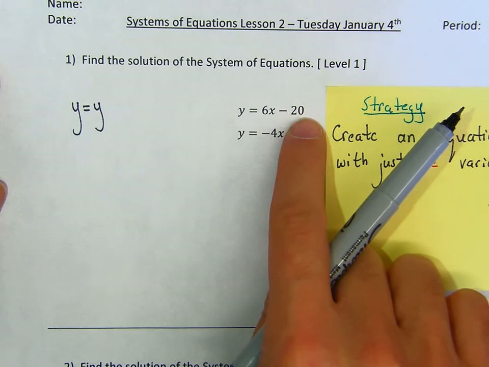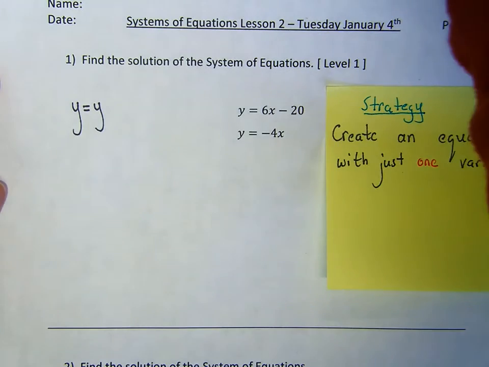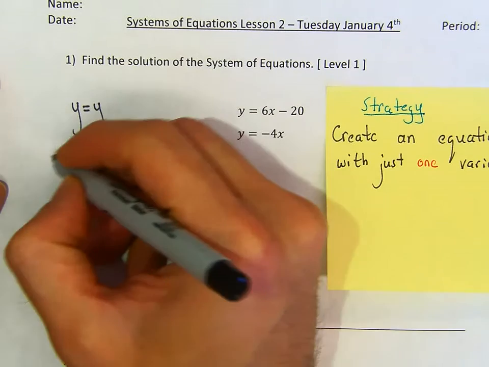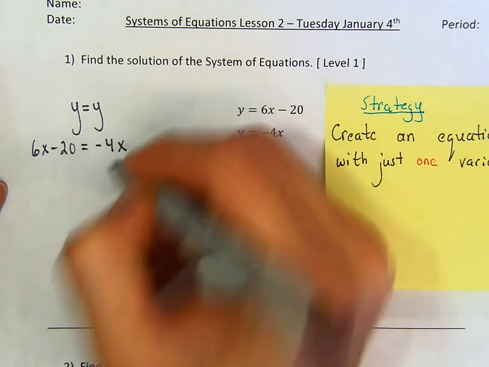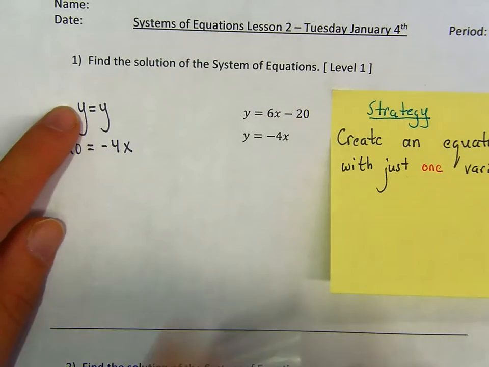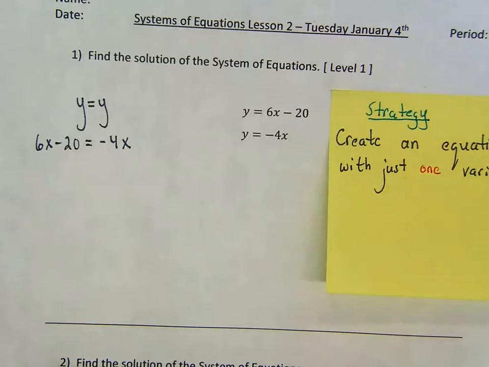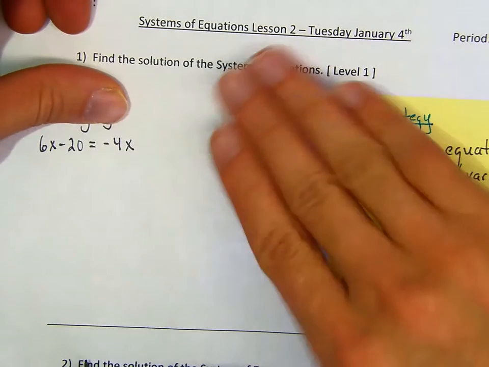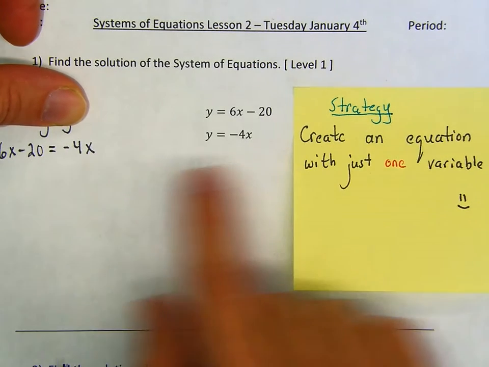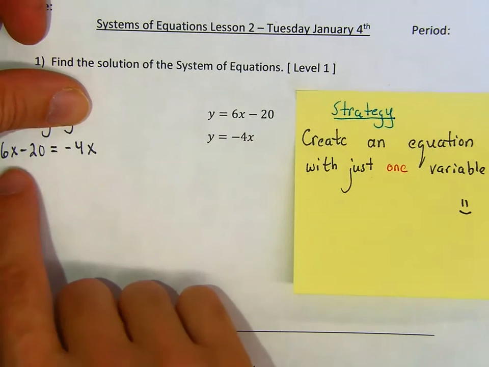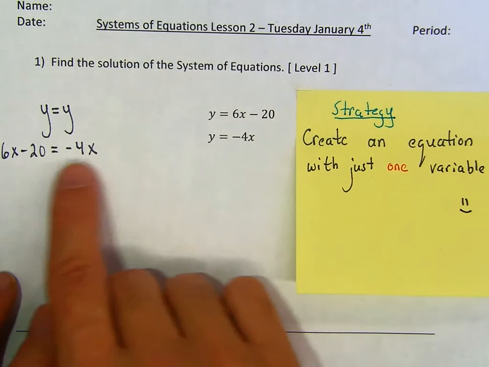I could put either 6x minus 20, or I could put negative 4x. So for y equals y, I could say 6x minus 20 is equal to negative 4x. Because one of the y's is 6x minus 20, and the other y is also equal to negative 4x. Did we accomplish our strategy where we created an equation with just one variable? We did, because this equation has two variables, this has two variables, and this has only one variable.